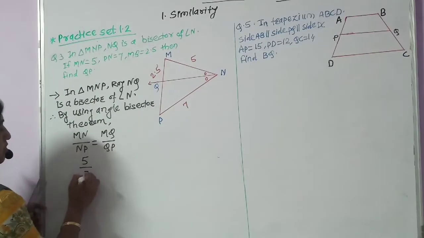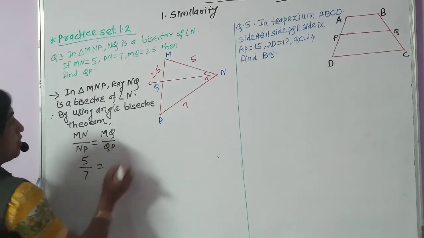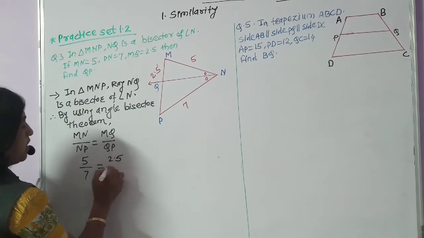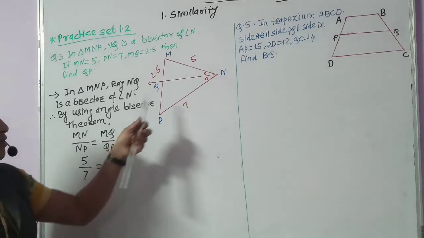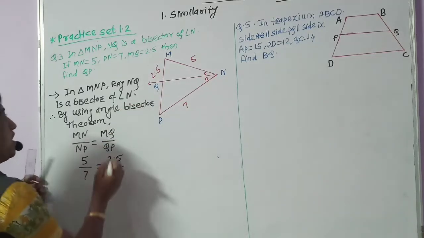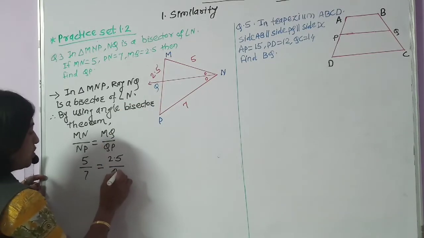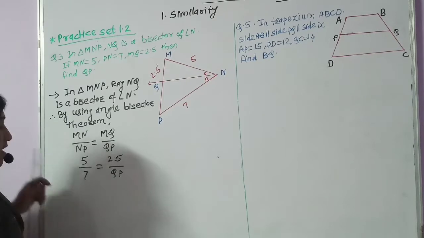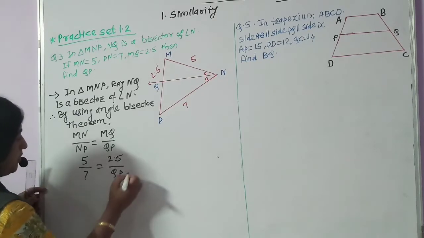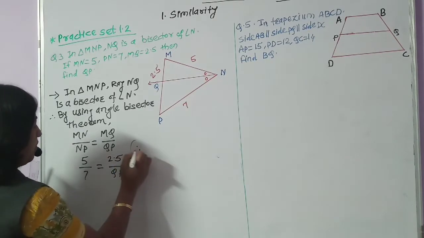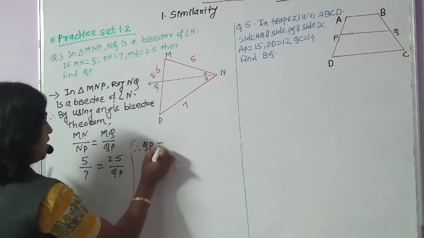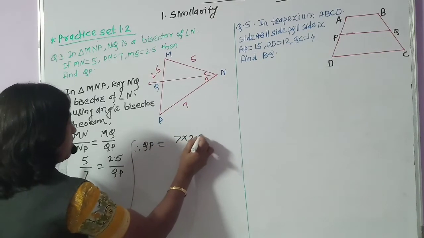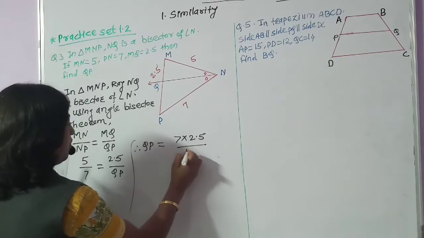and we have to find the value of PQ. That means QP remains as it is, so we write here QP. Taking the cross multiplication, we get QP equal to 7 into 2.5 upon 5.